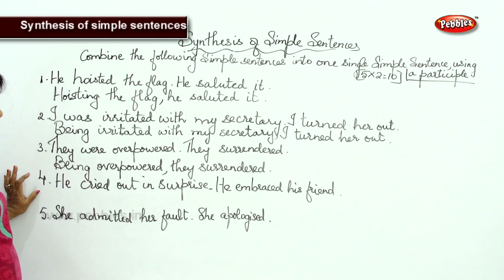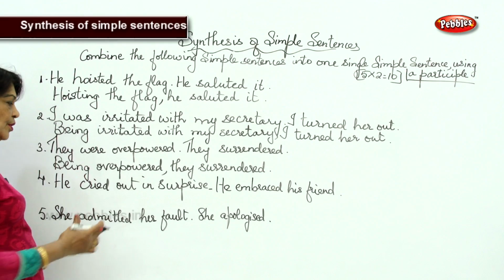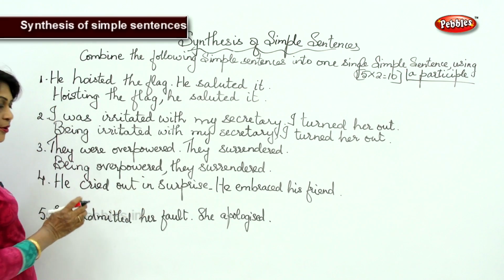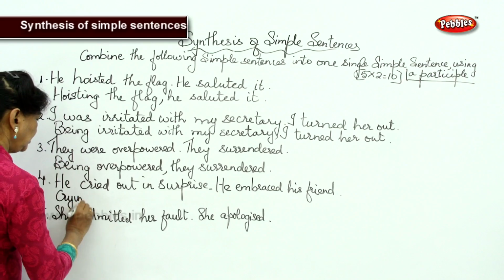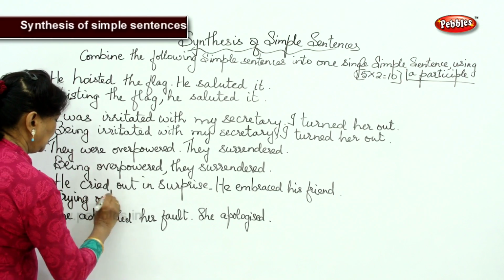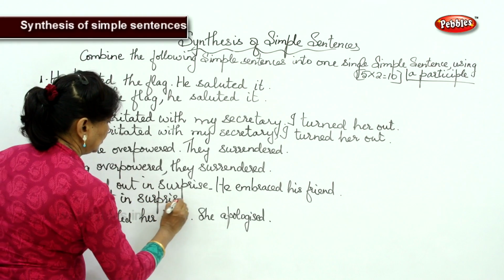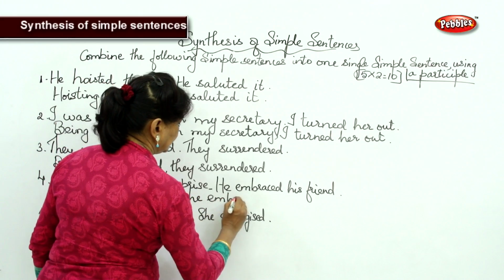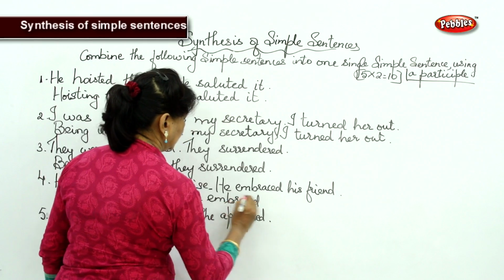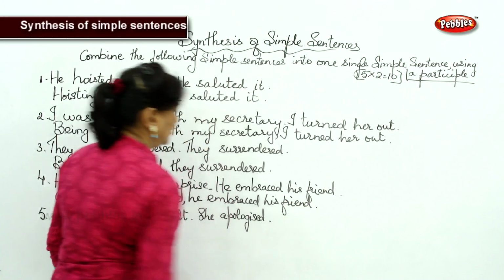He cried out in surprise. He embraced his friend. Now both the things are happening at the same time. So you take this verb and you make it into a non-finite verb. Crying out in surprise, he embraced his friend. Is that clear?